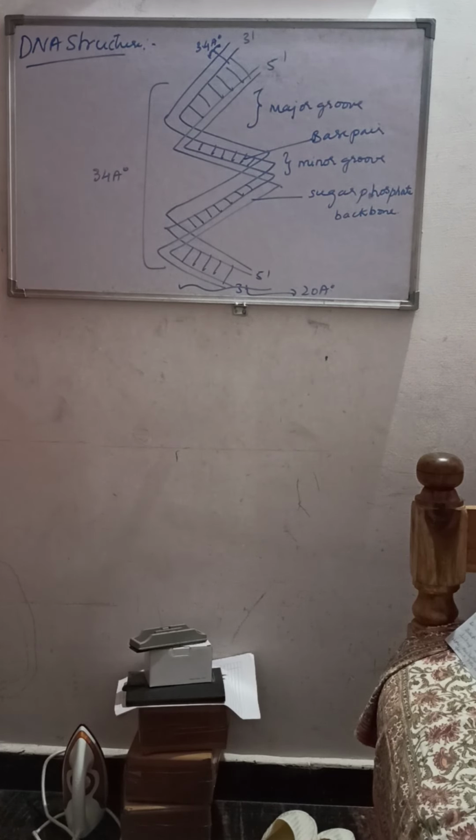So these base pairs form the rungs or the steps, and the upright forms what? The upright forms the sugar phosphate backbone. The steps are made up of nitrogenous bases.